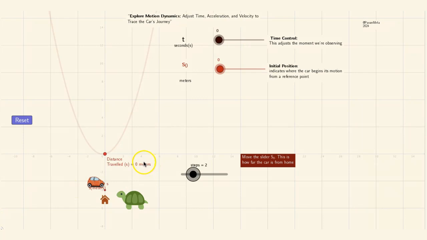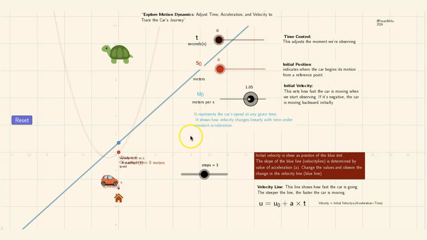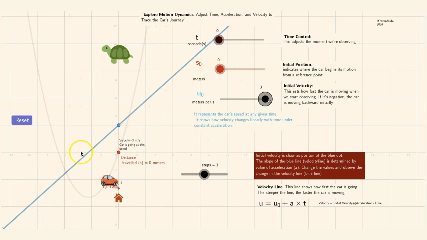Let's take a quick look at how a car starts moving. The blue dot in the graph you see marks the car's speed. When you begin watching, that's the initial velocity, marked as u0. Now, the way this line tilts represents acceleration.